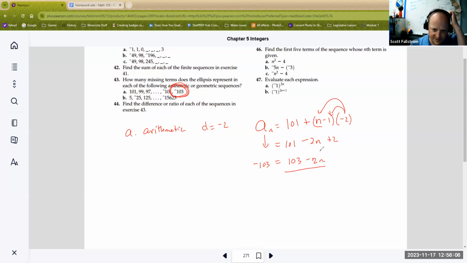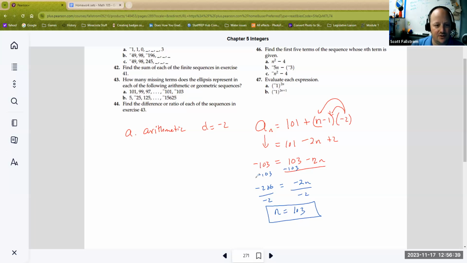There are many different ways to do this. I'll just take away the 103 on both sides. That leaves me with negative 2n and a negative 206, and then divide by -2 on both sides. So n is 103. There are 103 terms in this sequence, but that's not what the question asked for. The question asked for how many missing terms.